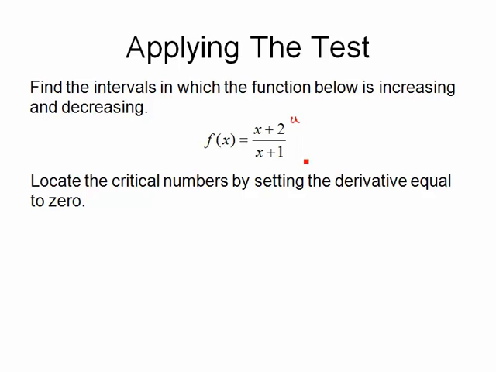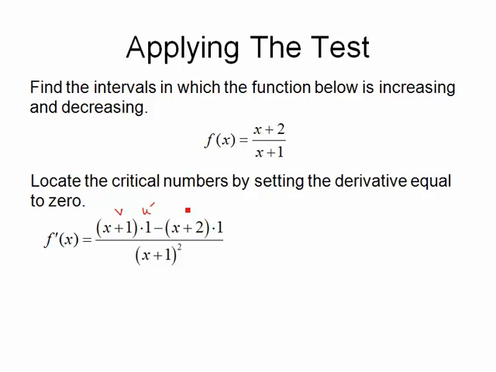So the top's u, the bottom's v, and the u prime is going to be 1. The v prime is also going to be 1. And let's put that into our quotient rule. So we get v u prime, which is x plus 1 times 1, minus u v prime, so the quantity x plus 2 times 1, all over v squared.